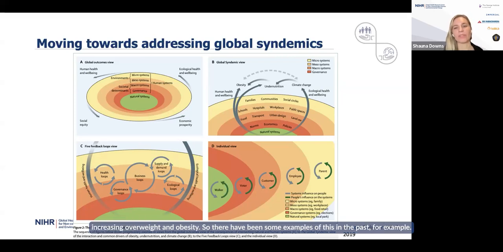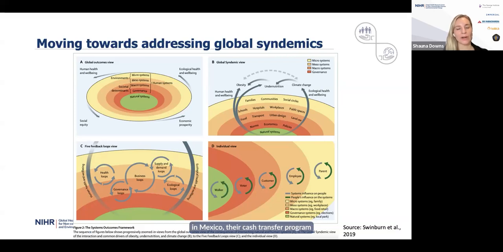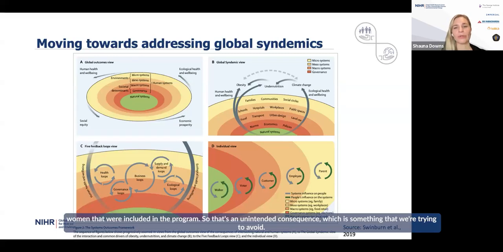There have been some examples of this in the past. For example, in Mexico, their cash transfer program was associated with increases in overweight and obesity among women that were included in the program. That's an unintended consequence, which is something that we're trying to avoid.